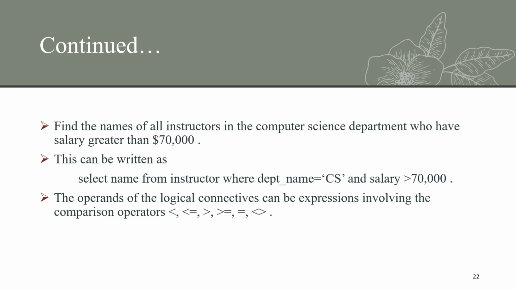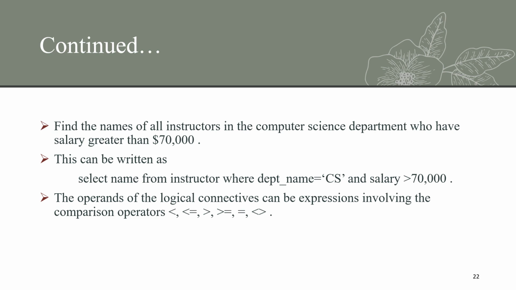Find the names of all instructors in the computer science department who have salary greater than $70,000. This can be written as select name from instructor where department name equal to CS and salary greater than 70,000.